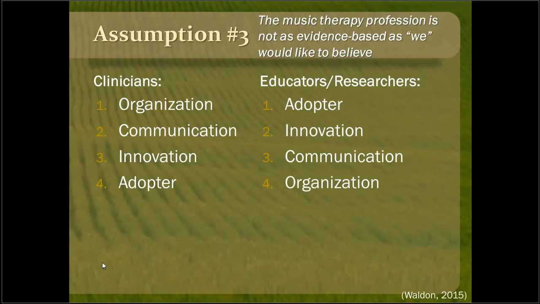And finally they looked at communication and organization. I think what's telling is that clinicians see facilities as getting in the way the most, where educators see facilities as getting in the way the least.